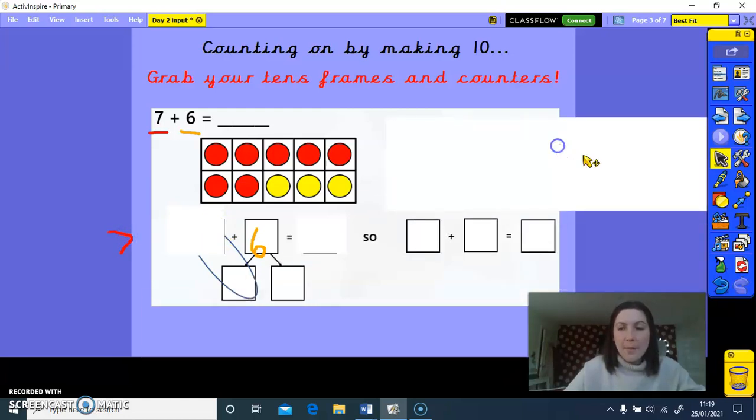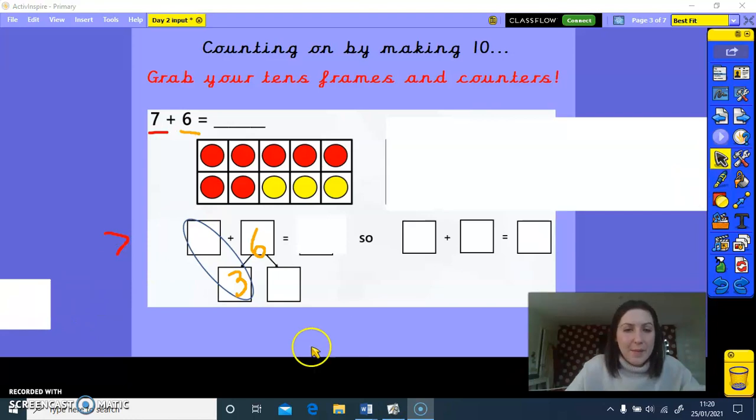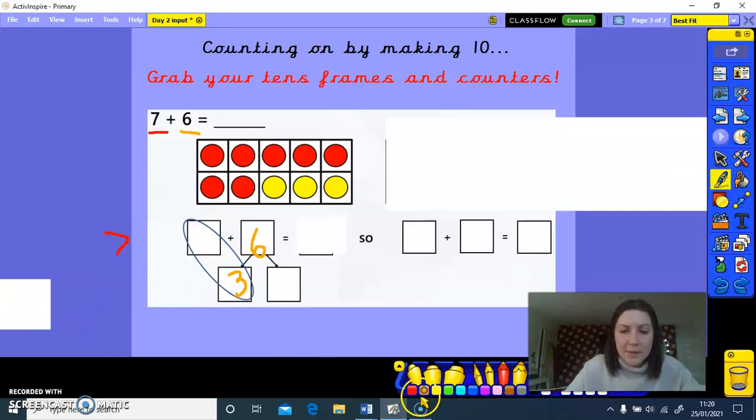So how many are left here to make 10? How many yellow counters are left here to make 10? 3, fantastic. And let's just check we are correct, because we had here already, didn't we, our number 7, and 7 add 3, 7 add 3 makes 10.